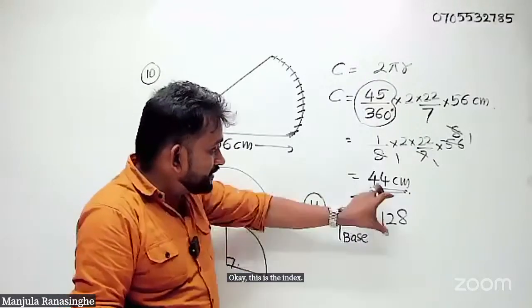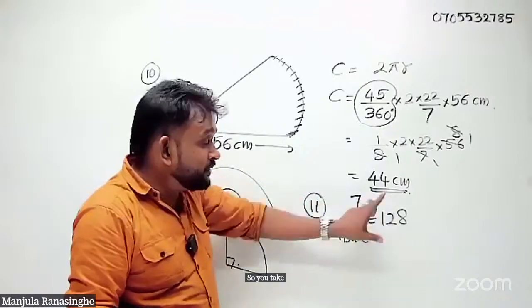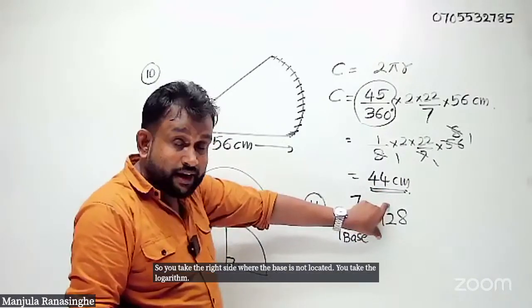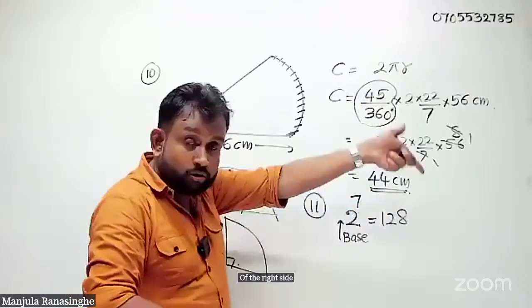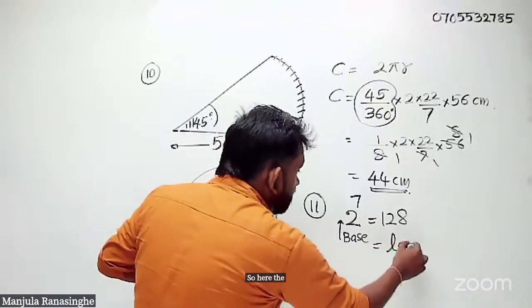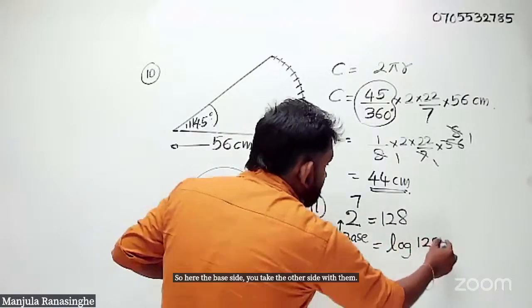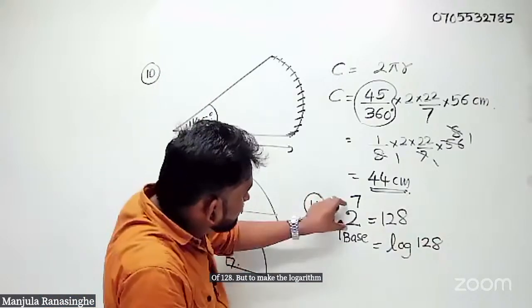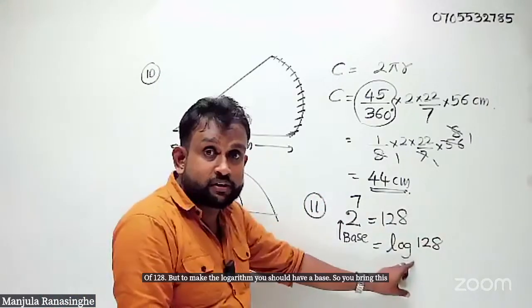You take the right side, where the base is not located, and you take the logarithm of that side. So here the base side, you take the other side's logarithm of 128, but to make a logarithm you should have a base. So you bring this base 2 as the base of the logarithm. That's the concept.